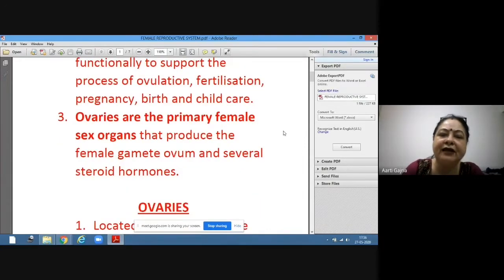Ovaries are the primary female sex organs that produce the female gamete. Female gamete is called ovum, and several steroid hormones.